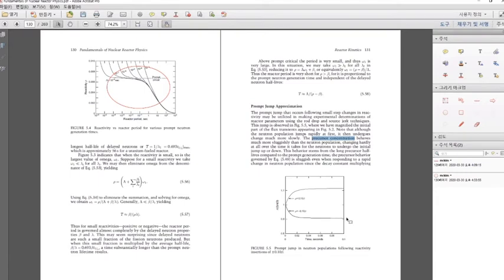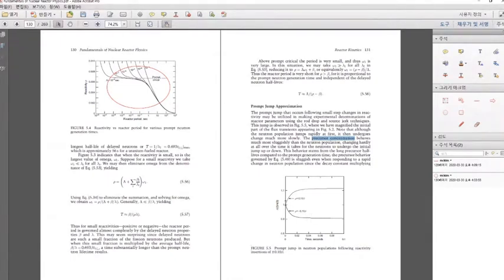The basic theory behind this analysis is that due to the constant concentration of precursors during a very short period of time, the neutron population cannot increase so rapidly.